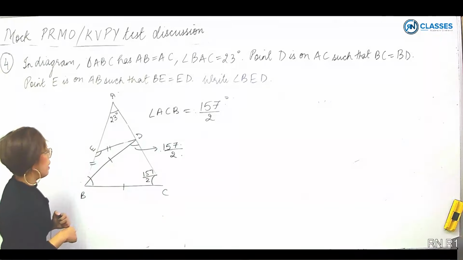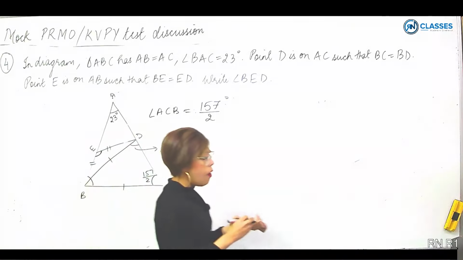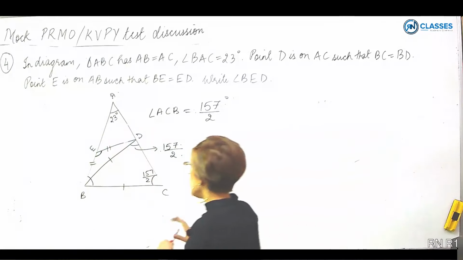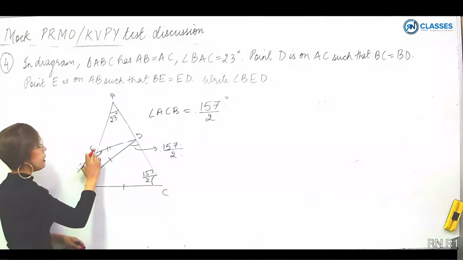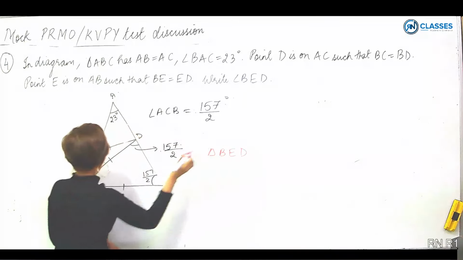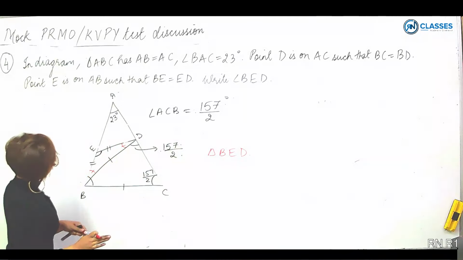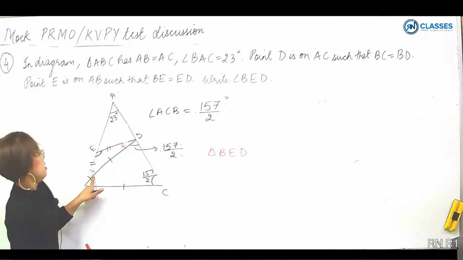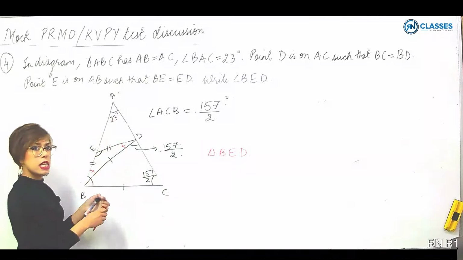Now, I need to find this angle. I know that BE is equal to ED, so this length is equal to this length. So in triangle BED, this angle will be equal to this angle. Can I find this angle somehow? This is 157 by 2, this is 23.